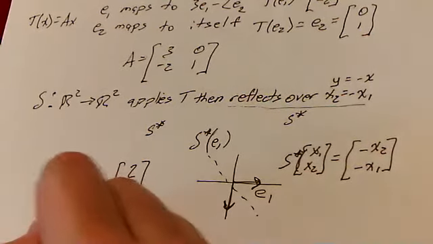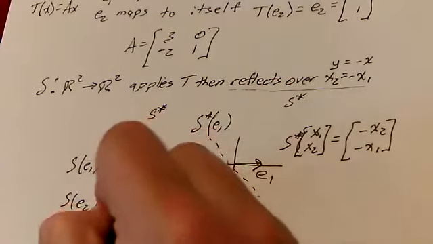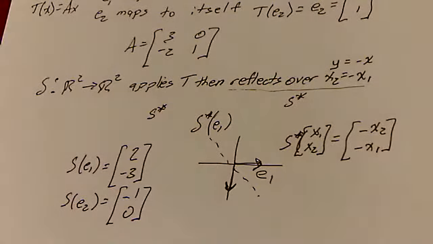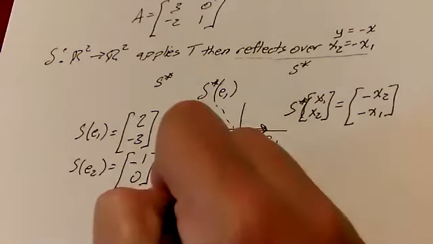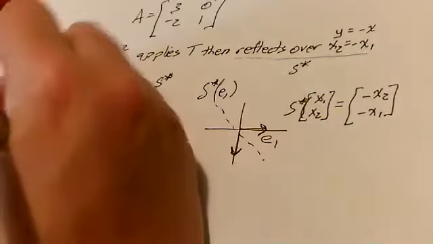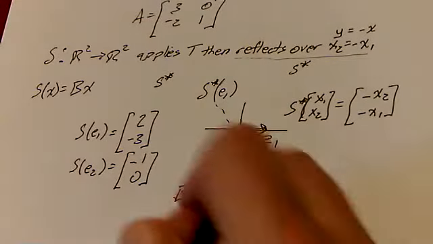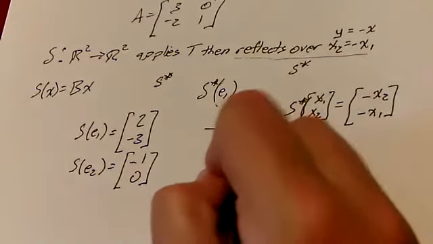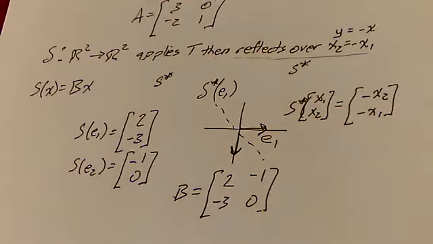Then S of E2 is going to do the same thing. It's going to be (-1, 0). It makes them both negative, but 0 is neither positive nor negative. So my transformation matrix, we'll say that S of x is equal to a matrix B. We don't want to call it A because we already used that. My matrix B would be 2, -3, -1, 0.